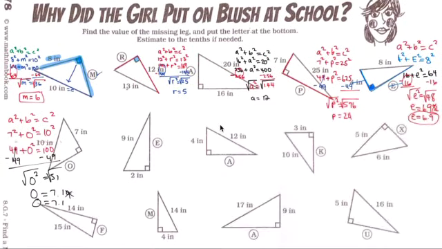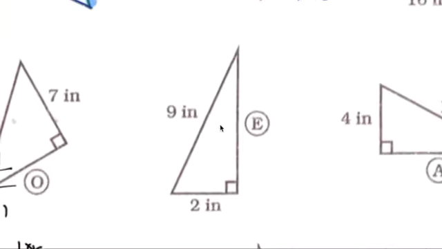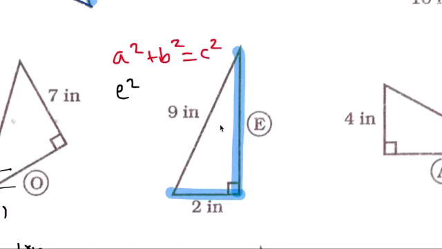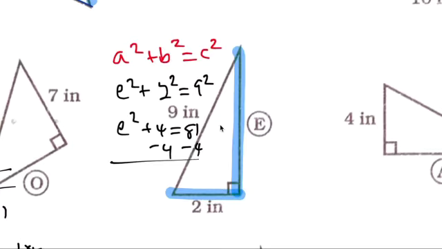And we did in the back, I'll do these problems already, hopefully. And remember, it's A squared plus B squared equals C squared. A and B right there. A is E, B is 2 and C is 9. So you put E squared plus 4 equals 81, minus 4.